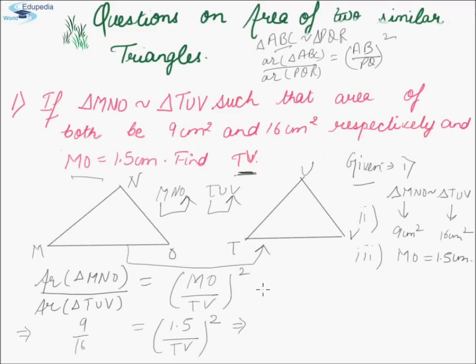This will give us 9 is 3 whole square and 16 is 4 whole square. So we can say (3 by 4) whole square is equal to (1.5 over TV) whole square.